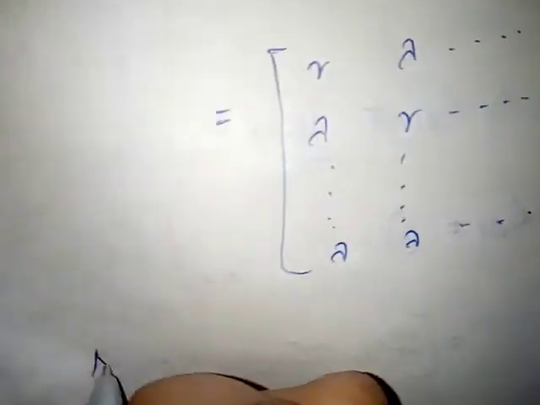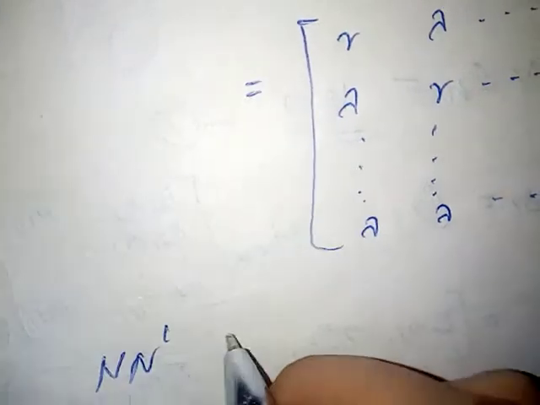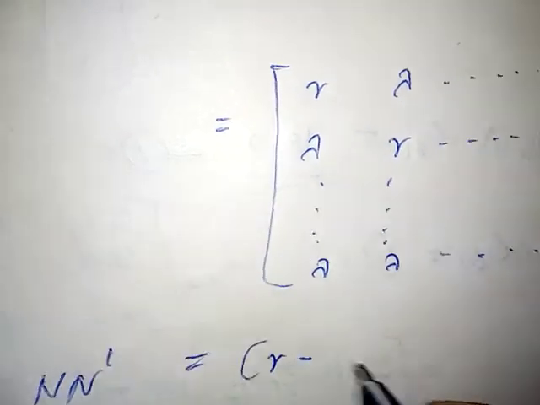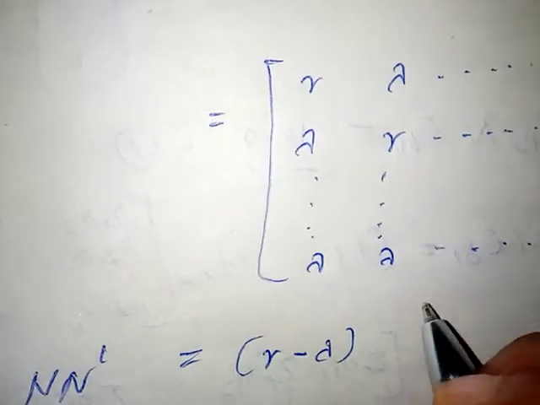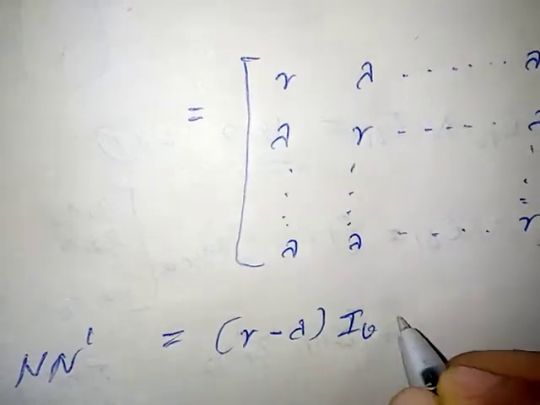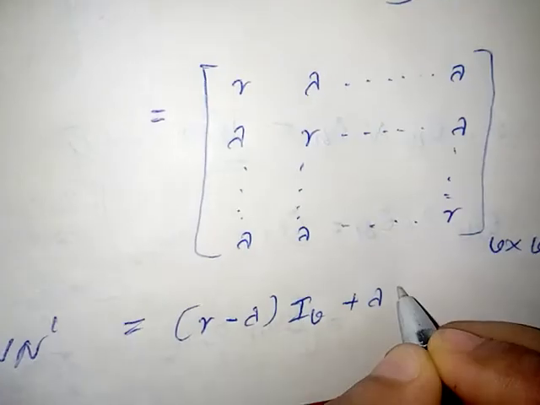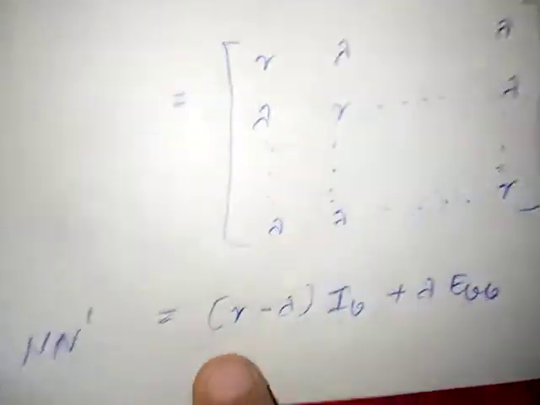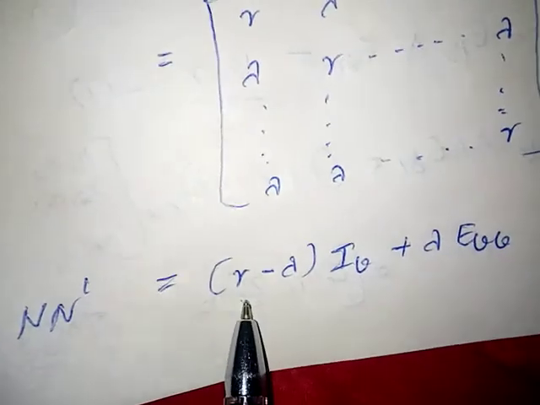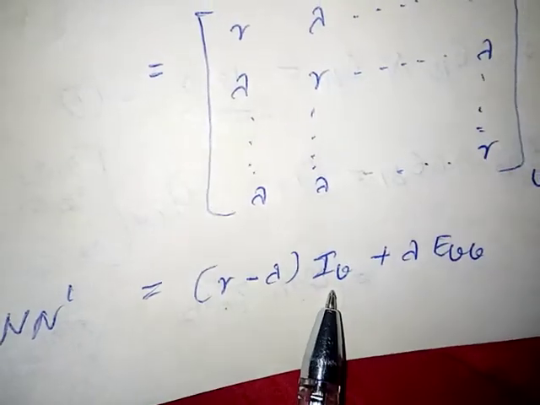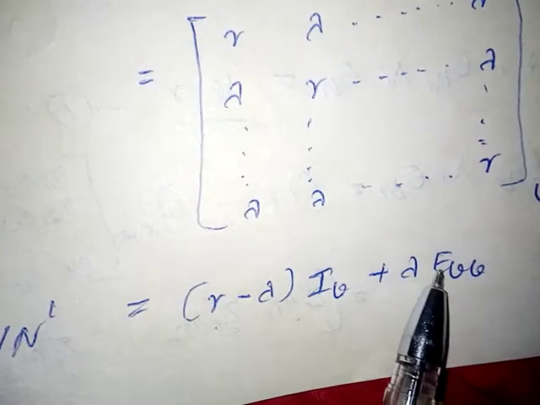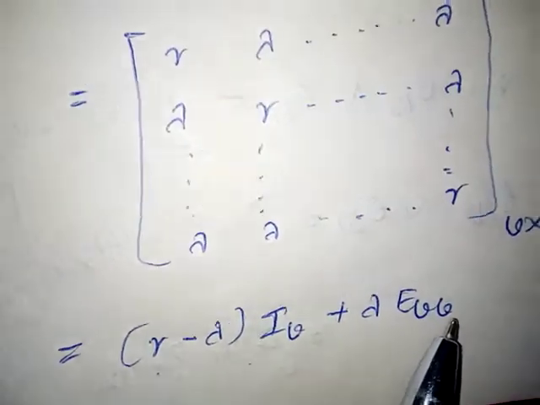That is, N N transpose equal to r minus lambda Iv plus lambda Ev. We can write this matrix as (r minus lambda) Iv plus lambda E of order v cross v.